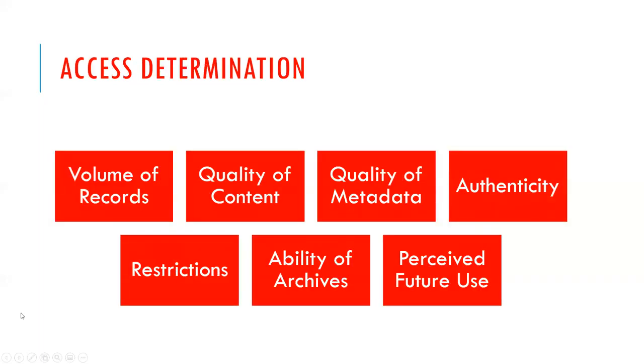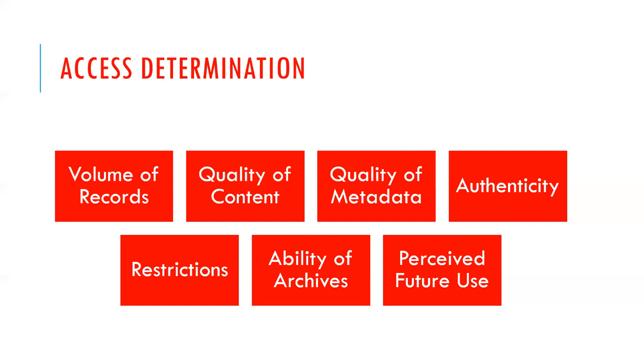So here are some other factors that may determine the access level of a record or of a collection, and they may seem pretty familiar because they are the criteria that archivists may use when determining how deeply to describe records.